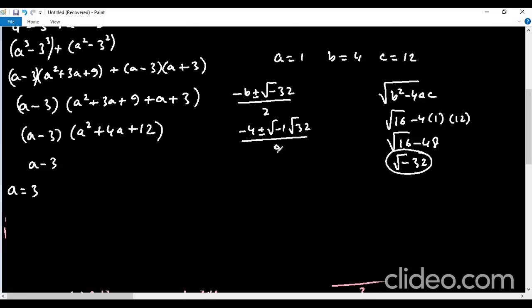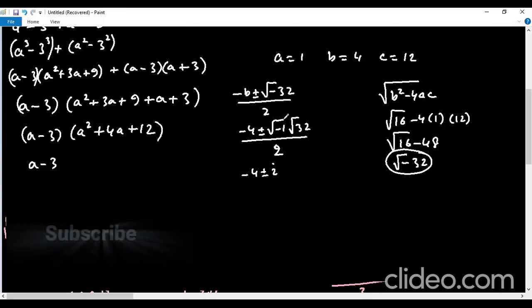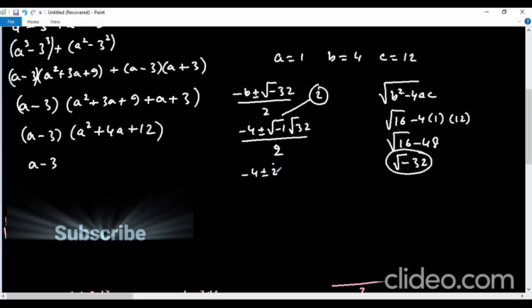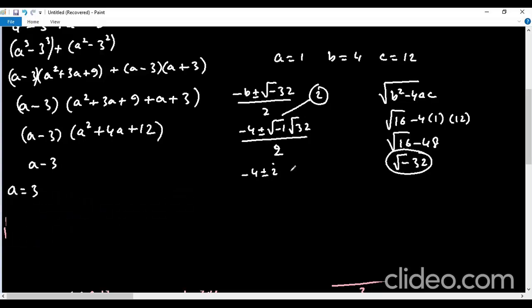Now this gives us minus 4 plus minus iota. I will use iota instead of radical negative 1 because this is equal to iota, right? And in here what we have is, how can we make it 32? 16 and 2. That means this is going to give us 16 and this one is going to give us a 2.